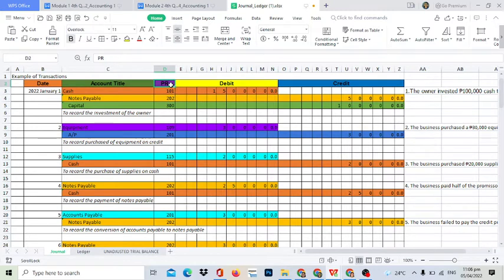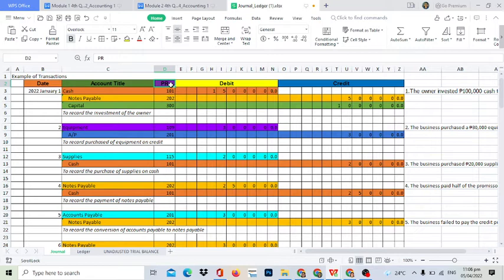Ito po yung paging na makikita po sa ledger. Kailangan po yan para pa-post natin yung transaction or information from the journal to the ledger.